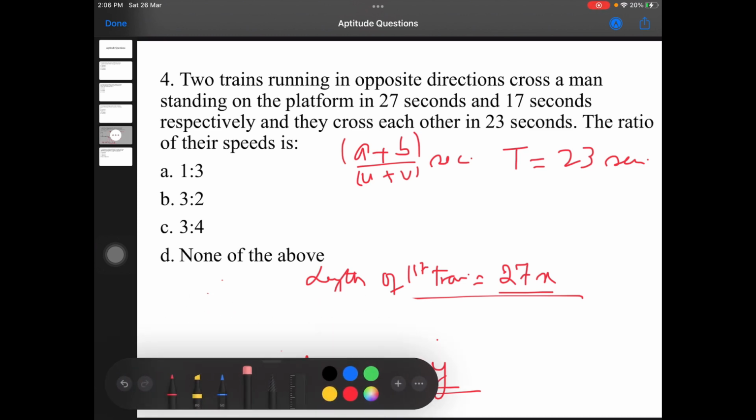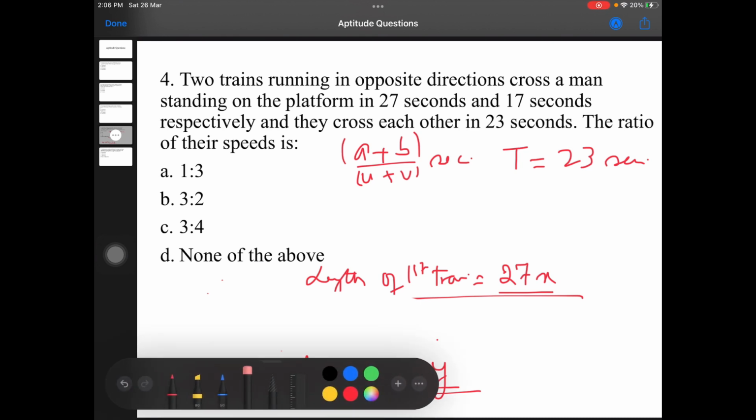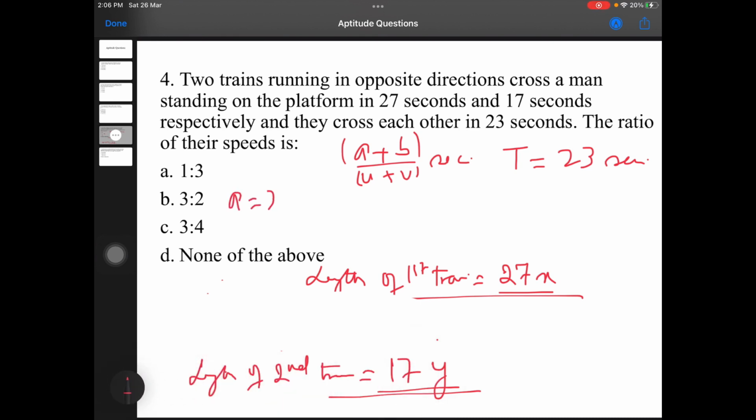The length of the first train is 27x, so here A will be 27x and B will be 17y.